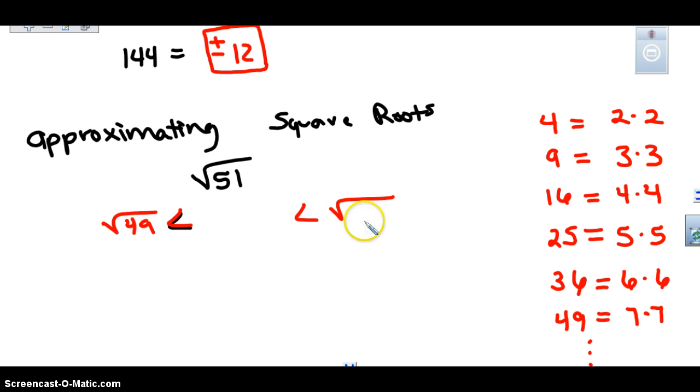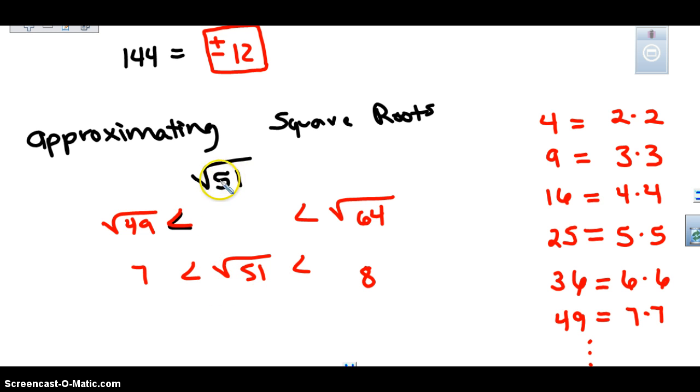What's the square root of 49? And what's the square root of 64? This means that the square root of 51 is greater than 7 but less than 8.